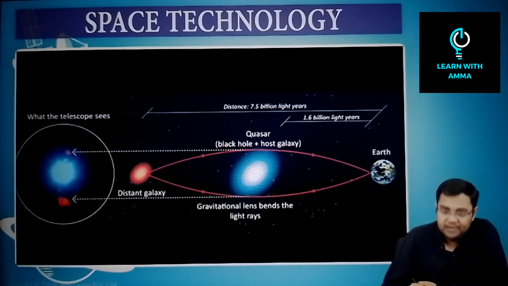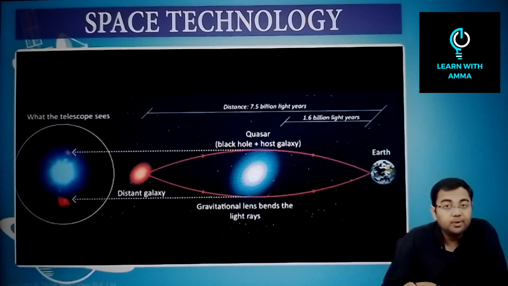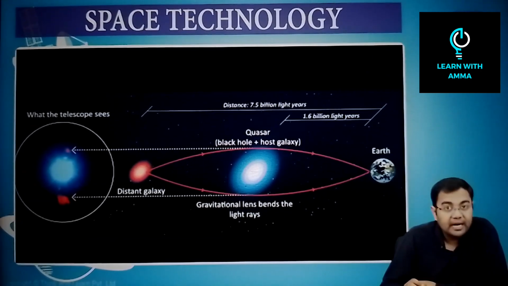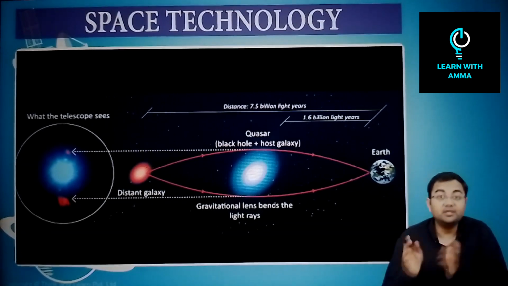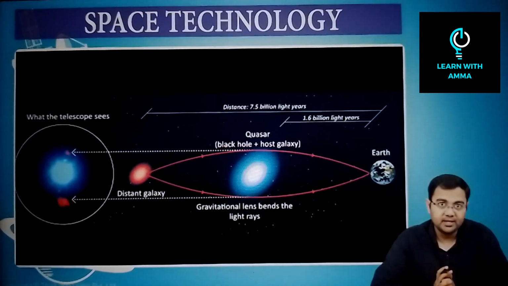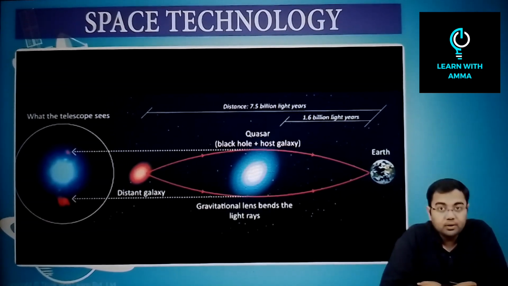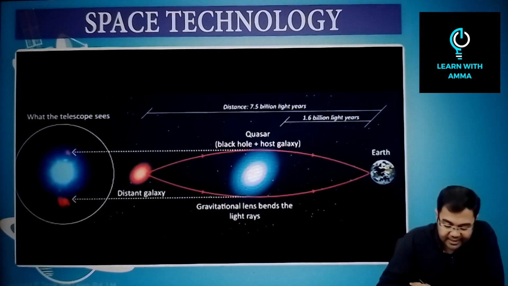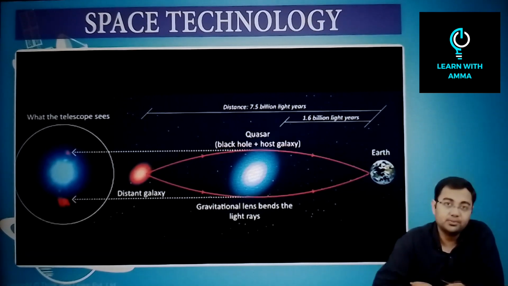If there is something like that, it means that it is highly massive, and because it is massive, the path of light will be distorted around this object, around this celestial body or a cluster of celestial bodies. So because of that, light is reaching from here, and light is reaching from here as well.